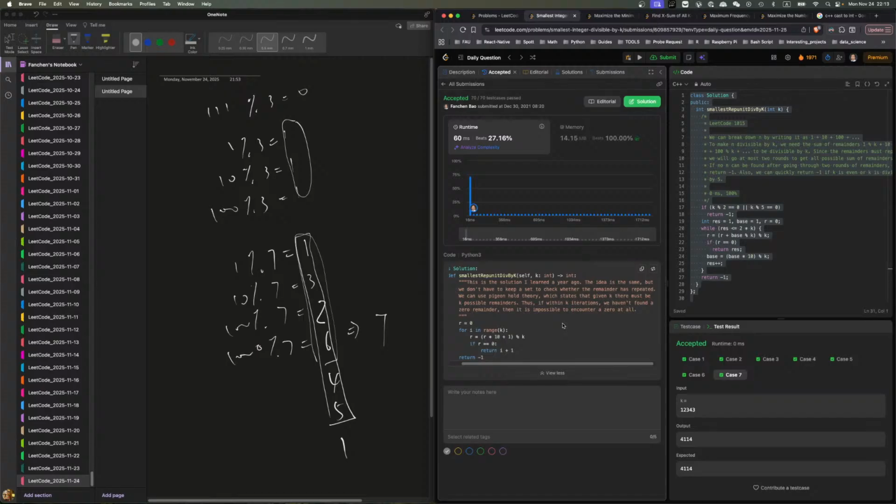I mean, I'm doing basically the same thing. It's actually the same. It's incremental, right? We're getting the remainder, and we're saying if the remainder is not equal to 0, just keep going. But I go 2 rounds.